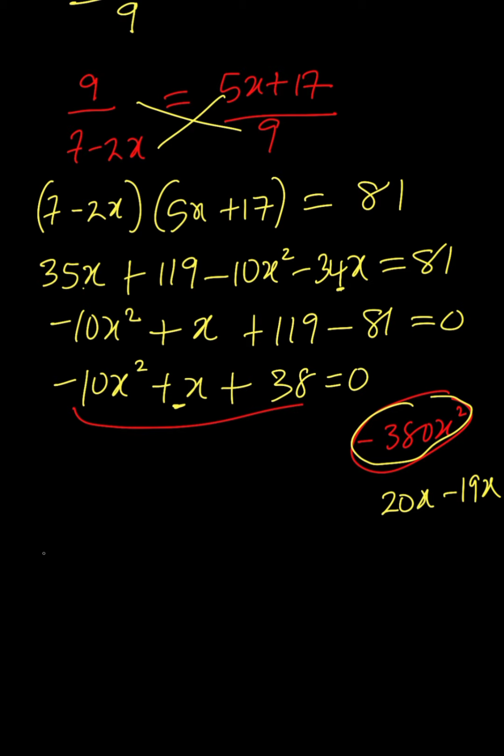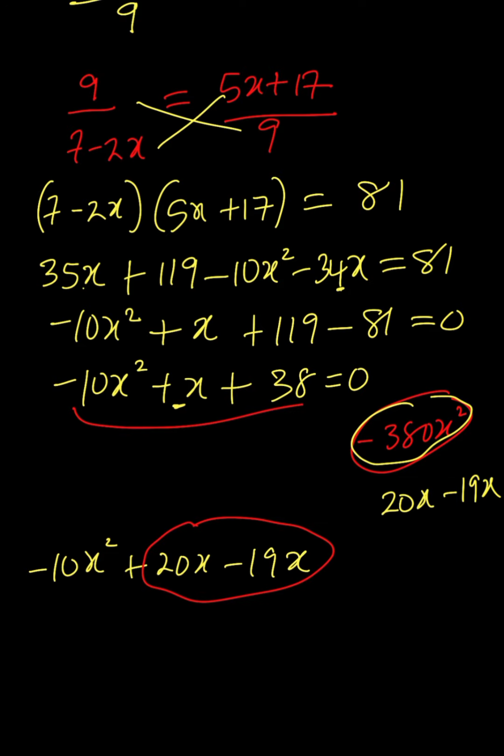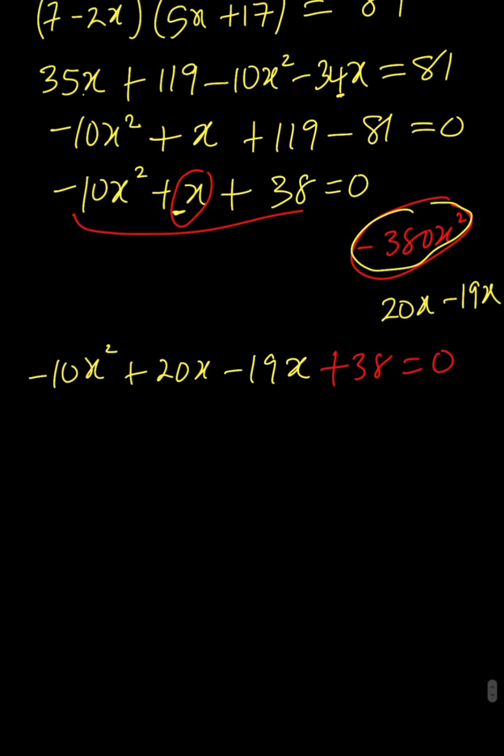Therefore, I will now use this 20x and minus 19x to represent the x at the center. So I'm using these values to represent this x, because 20x minus 19x will still give us our x. Then plus 38 equal to 0. We can now factorize.